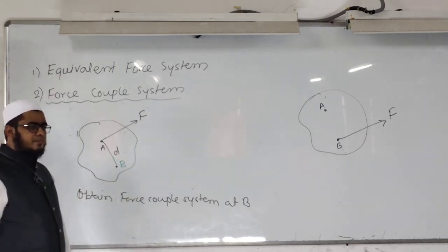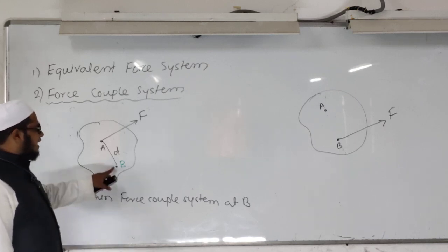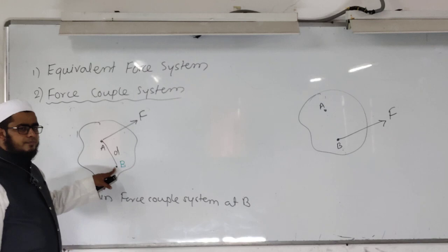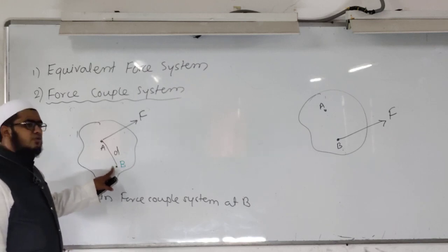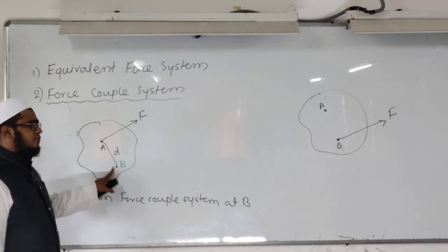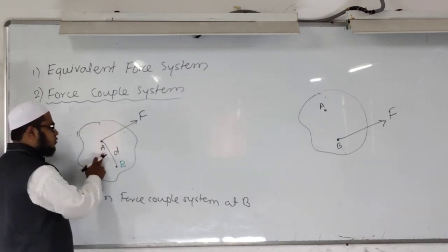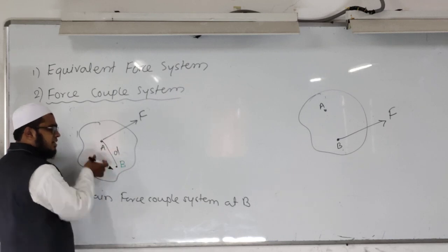In the second step, calculate the moment about point B for the given force and show it as a couple at that point. If I am calculating the moment, what is the moment? Force into distance from the moment center.